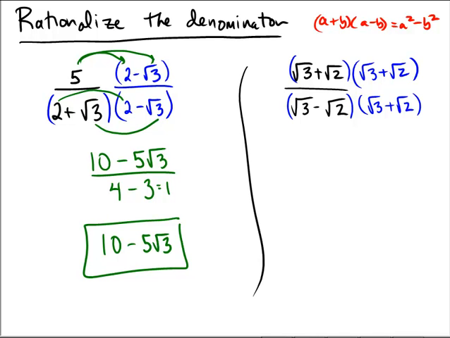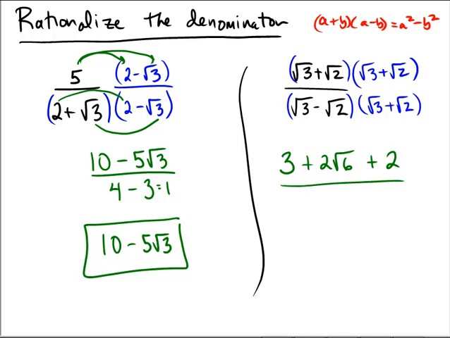We have rad 3 plus rad 2 times rad 3 plus rad 2, so that's rad 3 plus rad 2 squared. And by that formula, we know rad 3 times rad 3 is 3, plus 2 copies of rad 2 times rad 3, which is rad 6, plus rad 2 times rad 2, which would just be 2. So that's what we're going to get on the top.